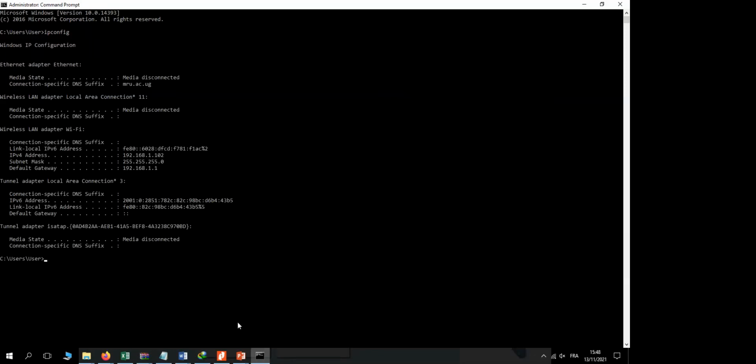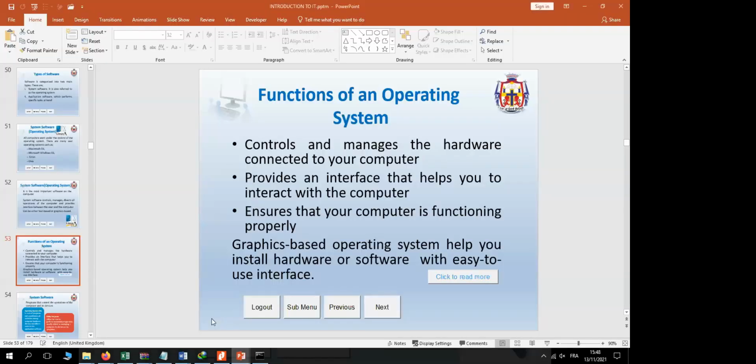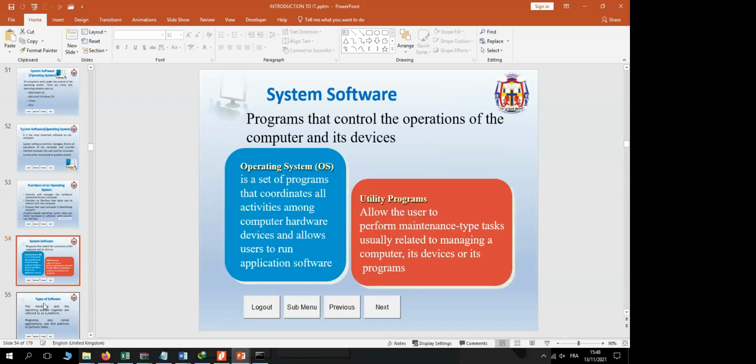Moving on, we have looked at what system software is. I think I'll stop at system software. So if you have Windows, for example, installed without installing any other software, you'll find so many applications, so many utilities, such as a calculator; I can open a browser and surf the internet.